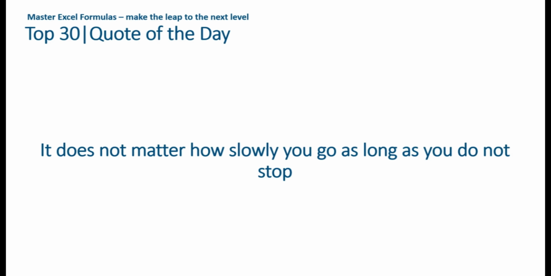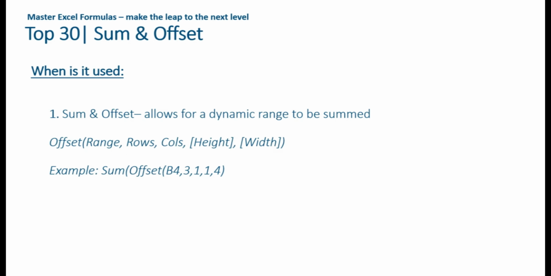So starting with the first set of formulas, this is the sum and offset. This is more like a combination, really, because offset is a formula that usually goes with other functions such as sum or average. So what does it do?